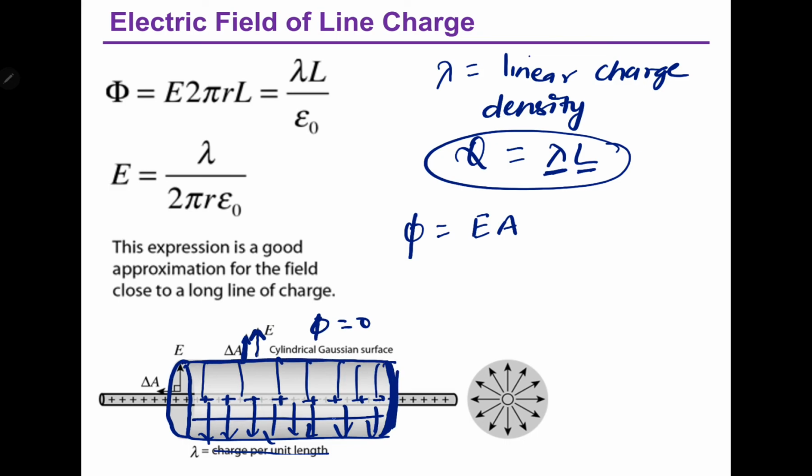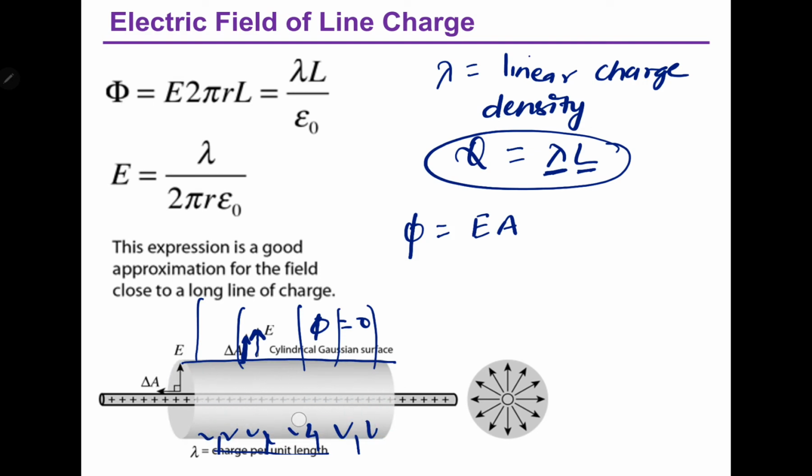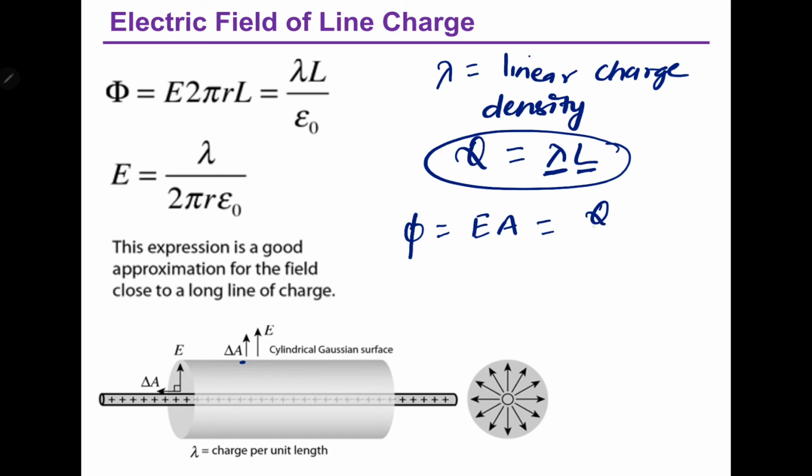Not this surface and this surface. Electric field lines are not passing through these two surfaces. Electric field lines are just passing through this curved surface, right? So this will be equal to Q divided by epsilon naught.